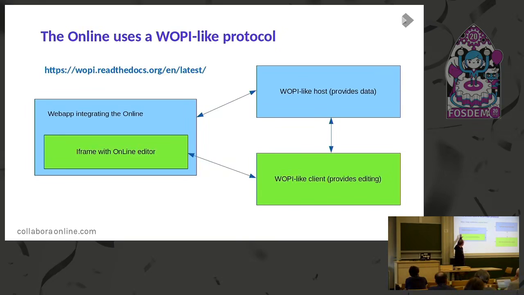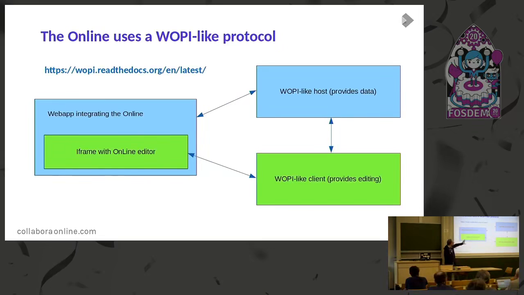And of course, the web application communicates with the web application server. And the WOPI-like client communicates with the WOPI-like host, the web application server, because it has to download the document, open it, edit it, and then upload it again, which is a safe operation.